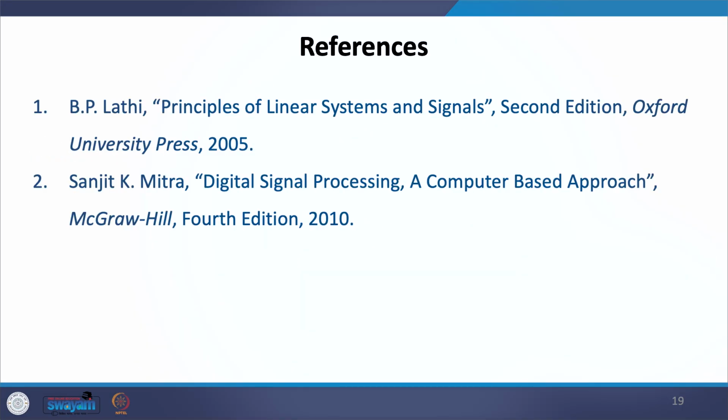So, to conclude, we saw the properties of discrete-time systems, linearity and time invariance, and we took the discrete-time system which can be represented with an LCCDE, a linear constant coefficient difference equation.